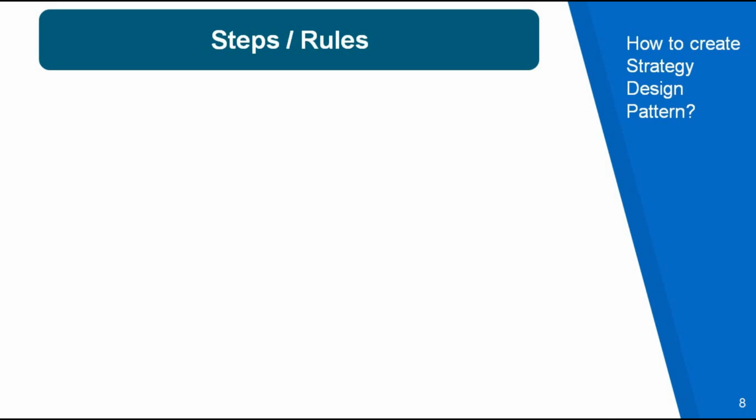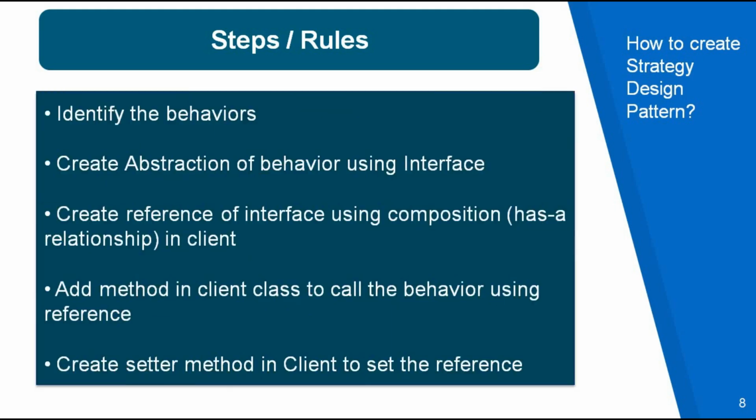Now let's look at the steps or rules for how to create the strategy design pattern. The first thing that you need to do is identify the behavior, which is the most difficult thing in the strategy design pattern. Here what we have identified is walk and fly, those are the behaviors which we have to separate out. Next, we need to create the abstraction of a behavior using an interface.